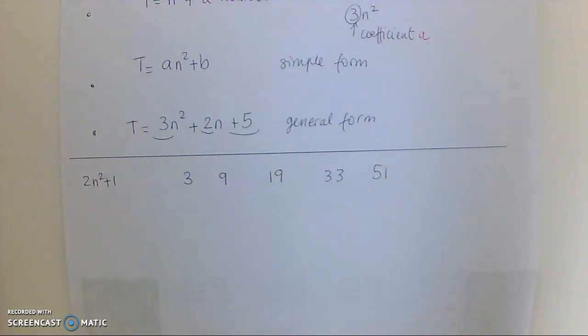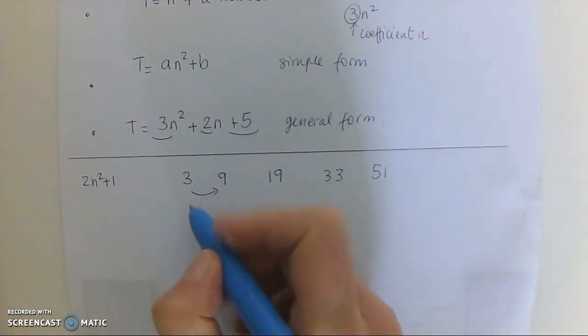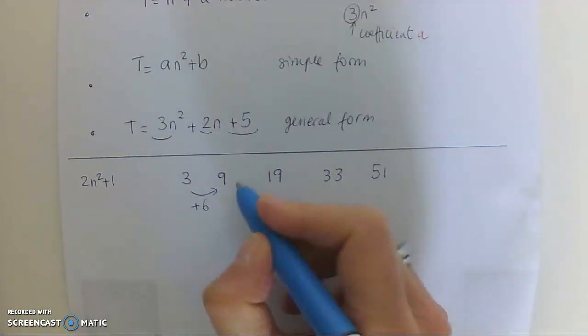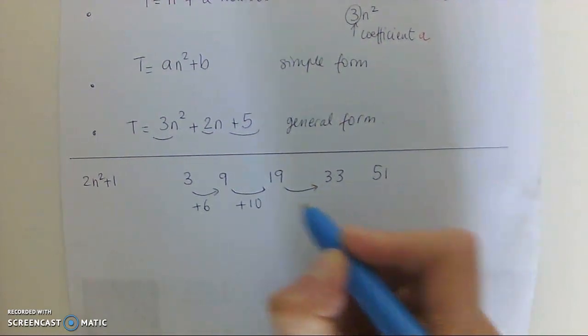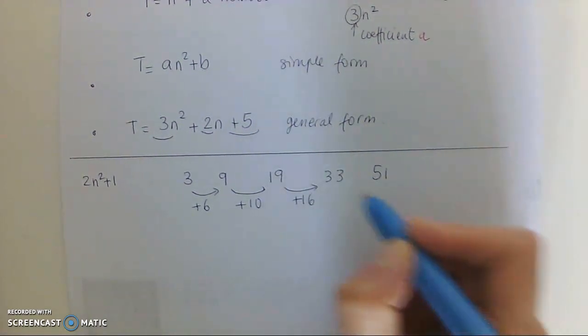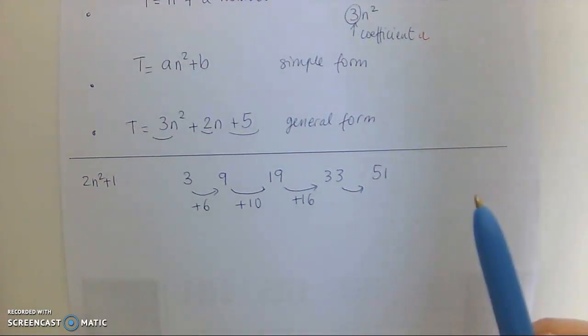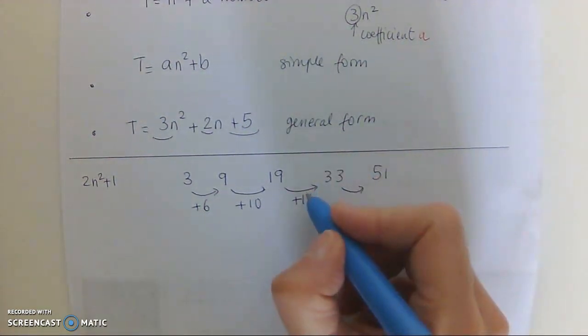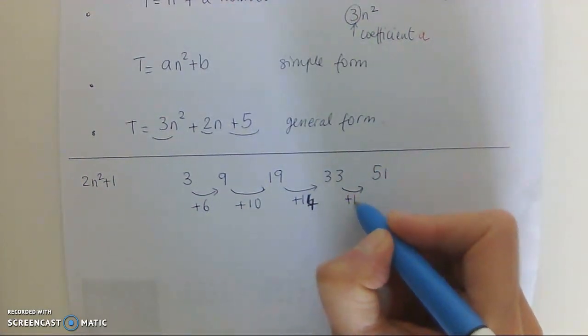Now, if we're trying to see if they're linear, we would find they're not linear. So here we're getting plus 6, plus 10, here we're finding plus 14, and here we're finding plus 18.